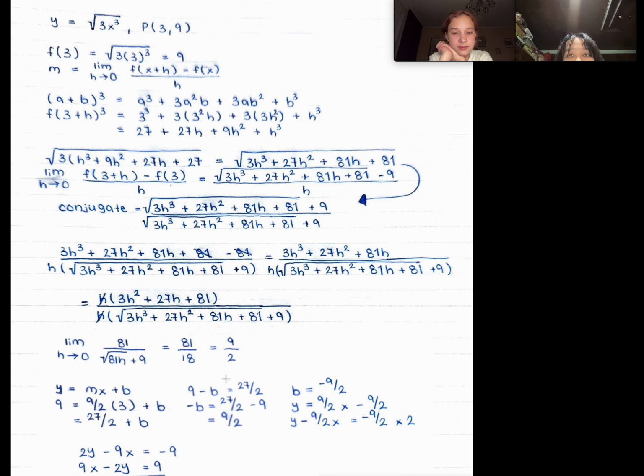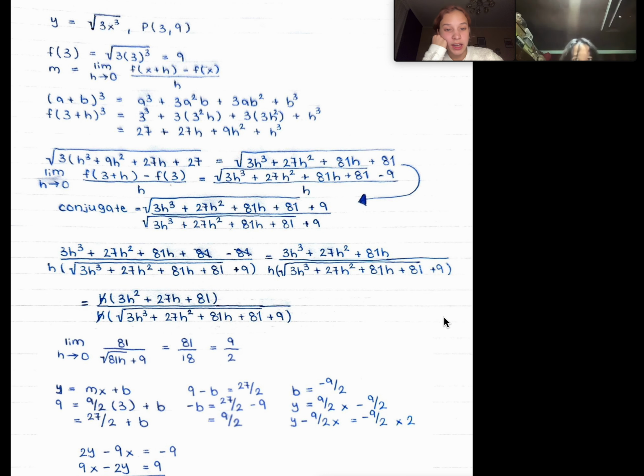This whole expression is divided by h. So now we have to use the step of conjugation. We basically just multiply this whole formula by the same formula, except of course the minus 9 will become plus 9. And so now Yulia will be continuing the explanation.